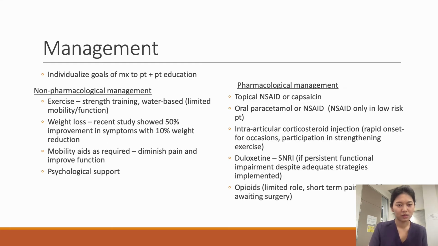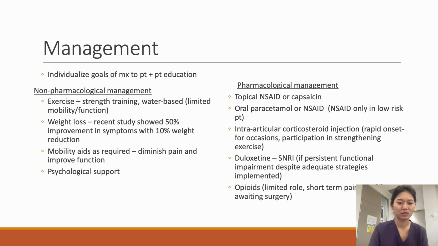In terms of management, you can have non-pharmacological management or pharmacological management, as well as surgical management, which I will touch on in a bit. But the main thing is to individualize goals of management to the patient and have patient education, especially in any chronic disease that the patient would have to live with. Non-pharmacological management is exercise.